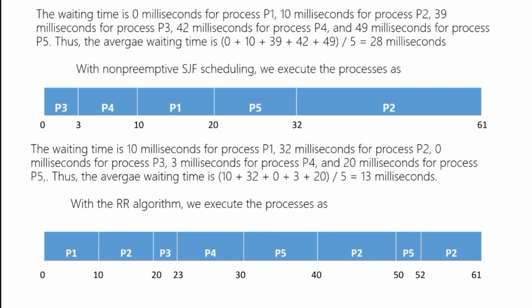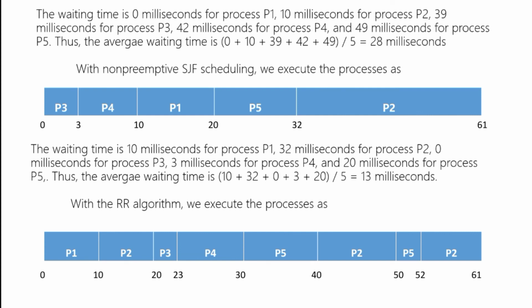So the P2, even though it is the second allocated by the CPU after the P1, since the P2 has a large burst time, it is divided into 3.